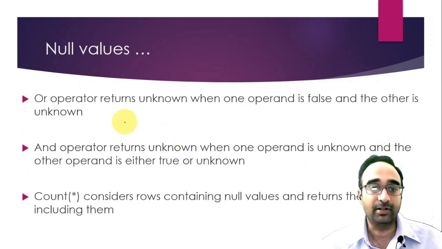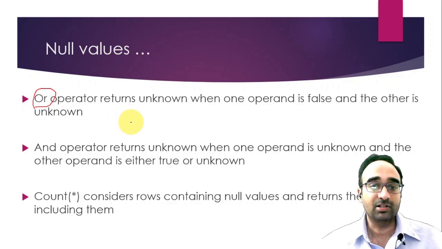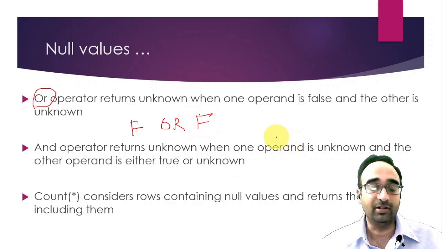So the other operators, the first one is the OR operator. All of you know how this OR operator works, right? If at least one of the operands is true, OR is going to return true. Only when both the operands are false, the OR operator is going to return false.